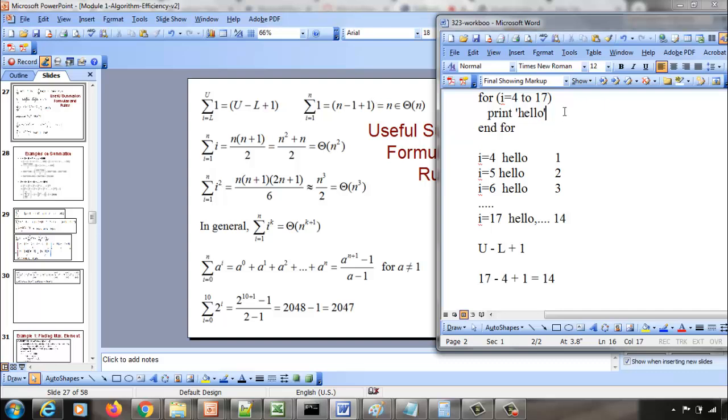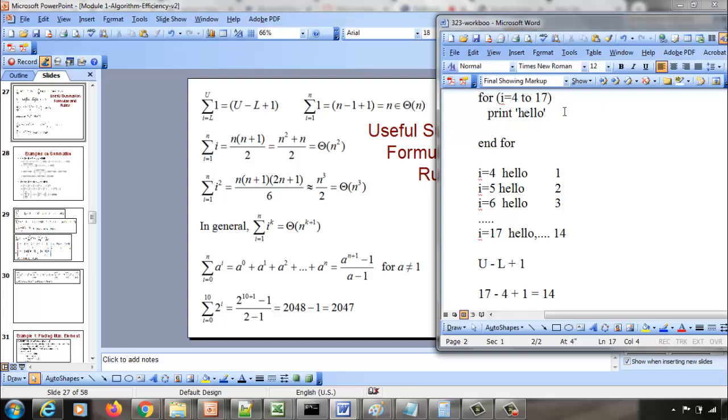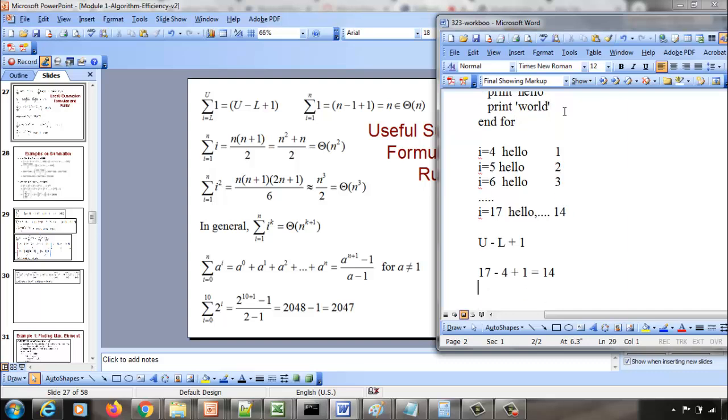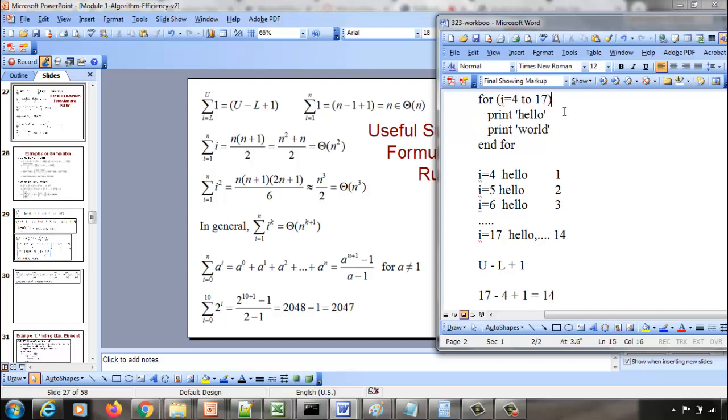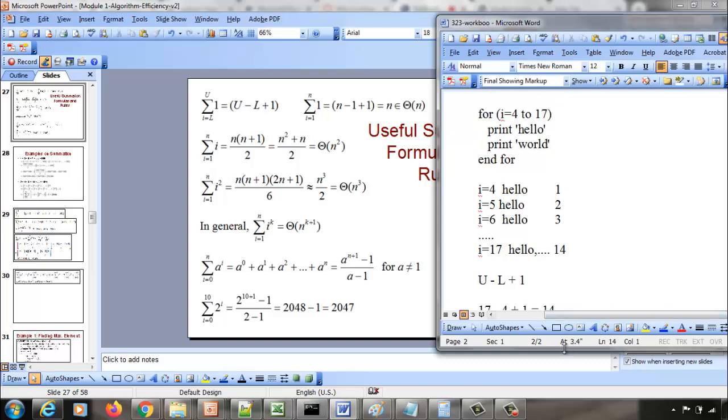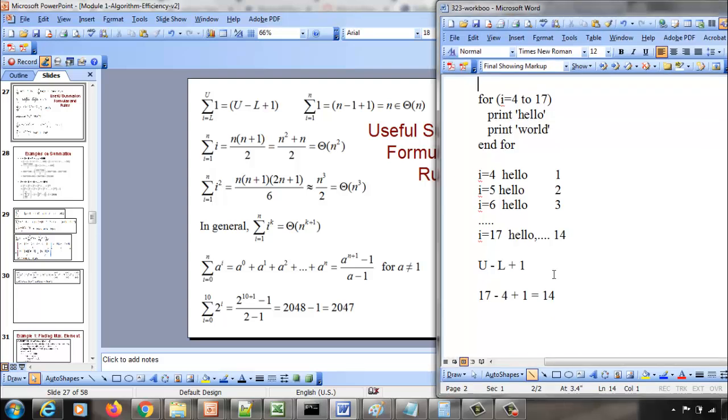Now, how would you evaluate something like this? Print hello, and then in another line, you print world. How would you evaluate a for loop like this? How many times are you printing? You still use the same formula.